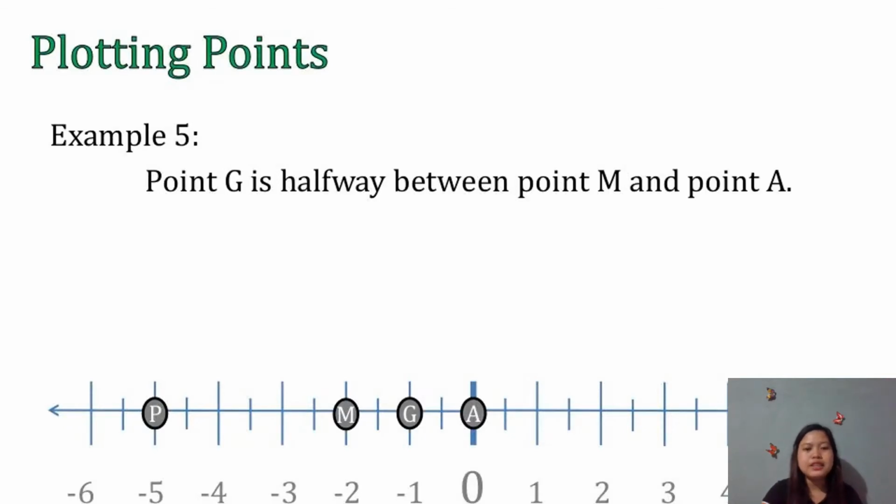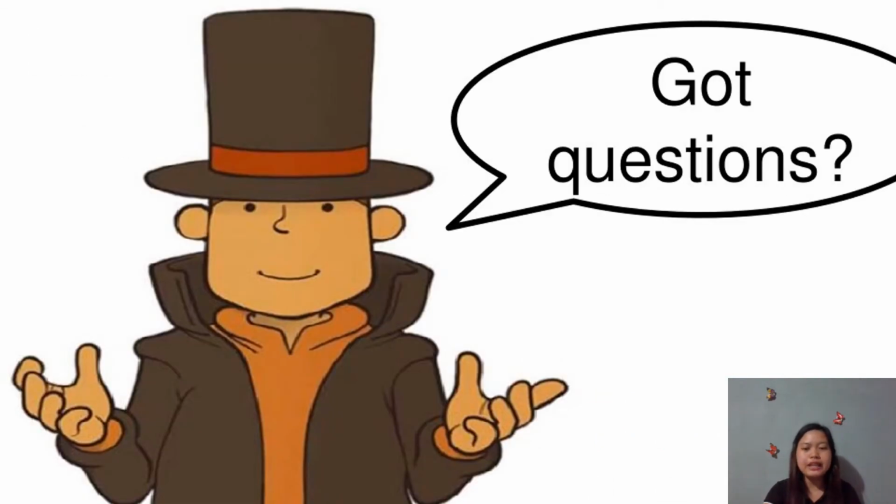Point G is halfway between point M and point A. So we have here, again, point G daw is halfway, sorry. Halfway between point M and point A. So, kanang si G ang ato center. Between 2 and 0. Or negative 2.